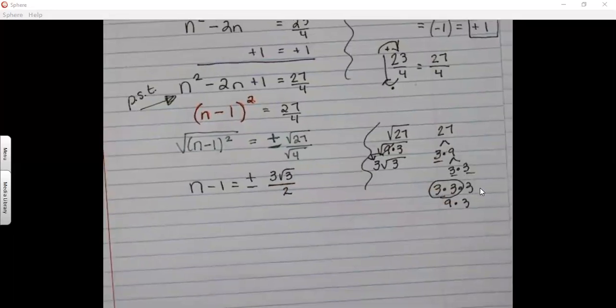Step number 6, write 2 separate equations and solve each one for the variable. So one equation I will set equal to the positive 3 square root of 3 divided by 2. And the other equation I will set equal to negative 3 square root of 3 divided by 2.